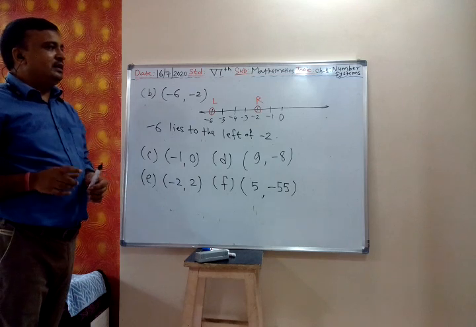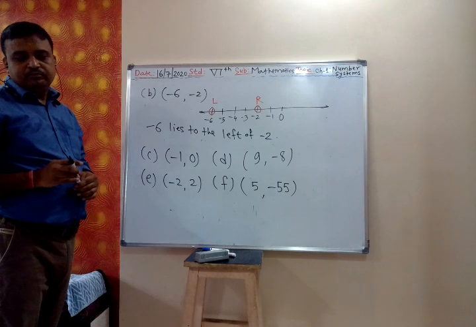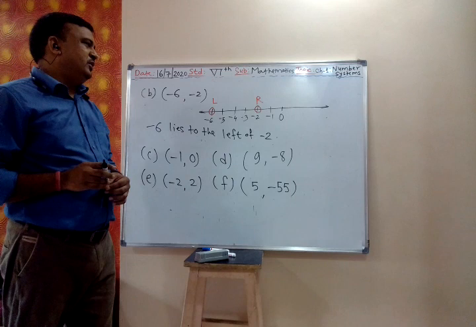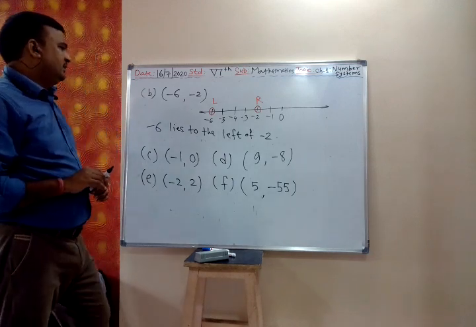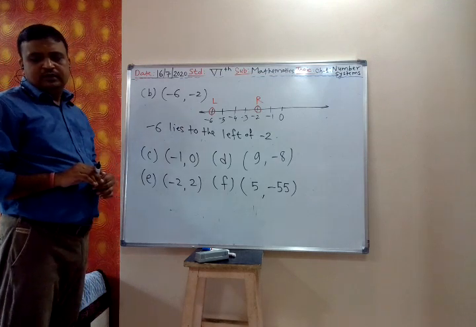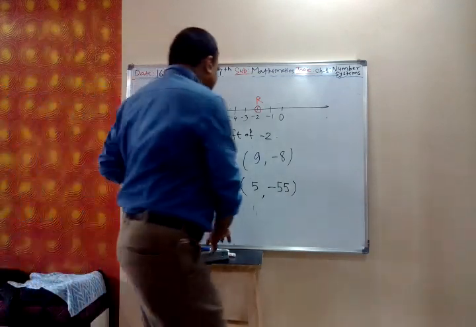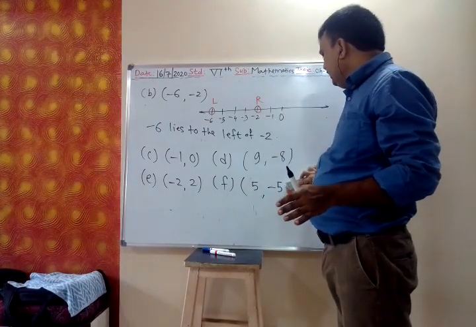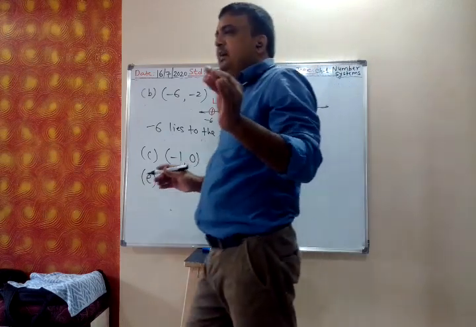You have to show it on the number line. You write this as 5 comma minus 5. It is misprinted as 55.